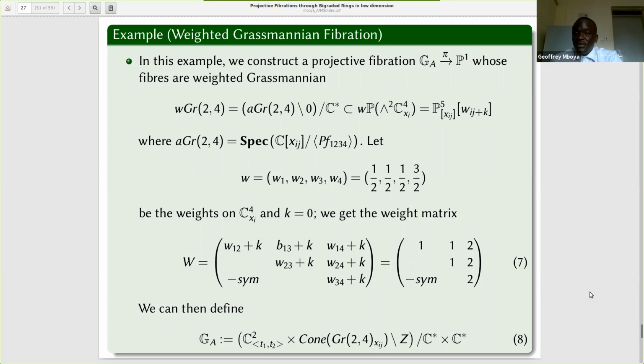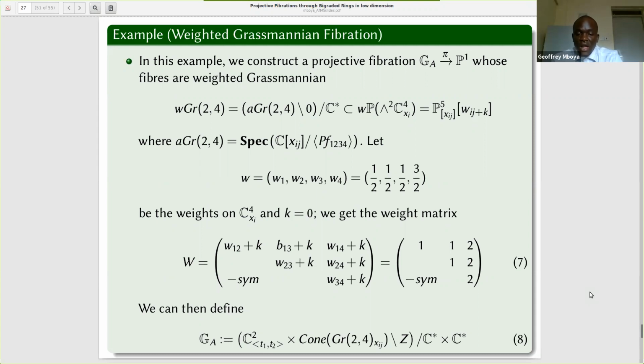Affine Grassmannians are defined by Pfaffians of skew symmetric matrices. And if we take the weight w, say, on C^4, then this will give us the weights on the variables x_ij's, and using this we can define a scroll, quote unquote.